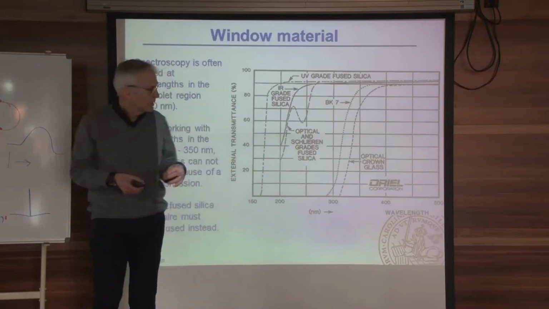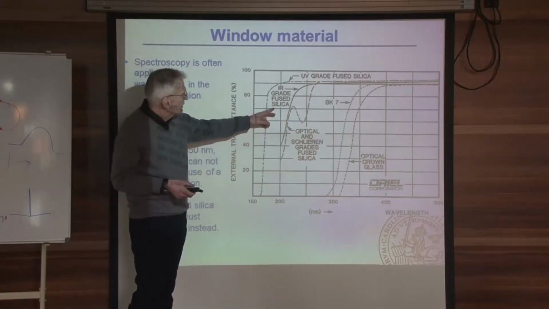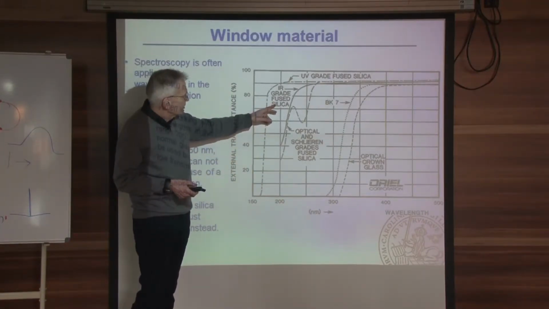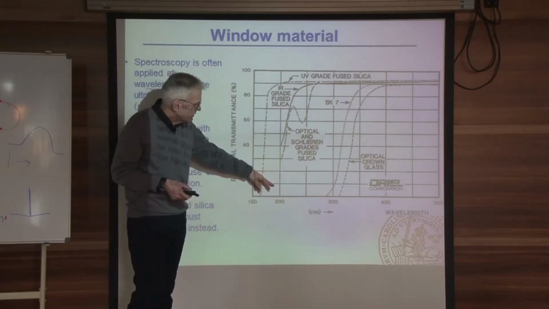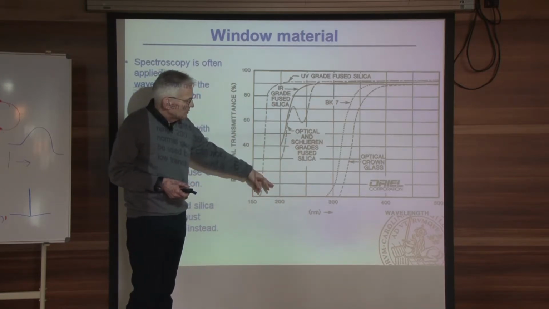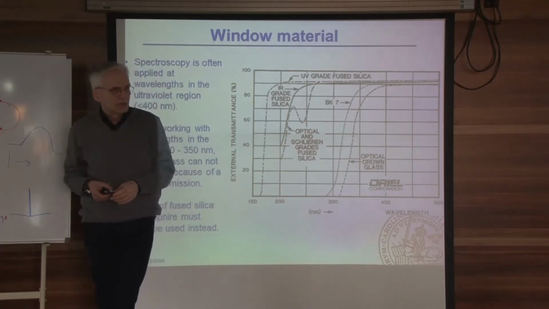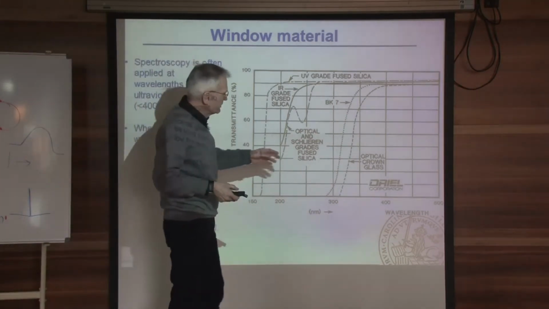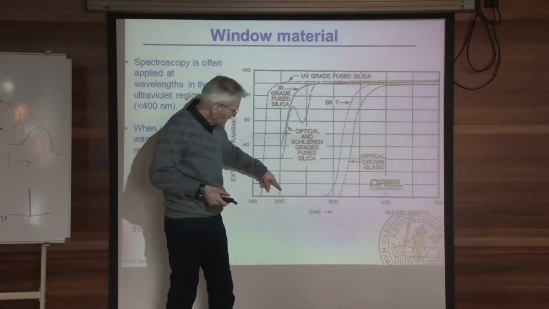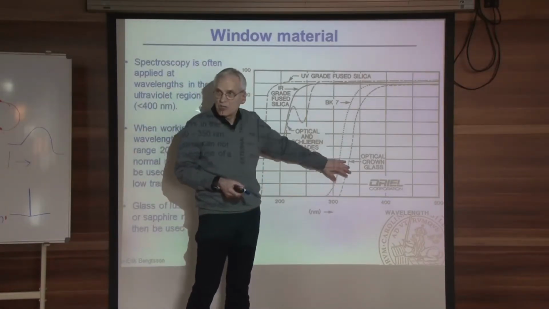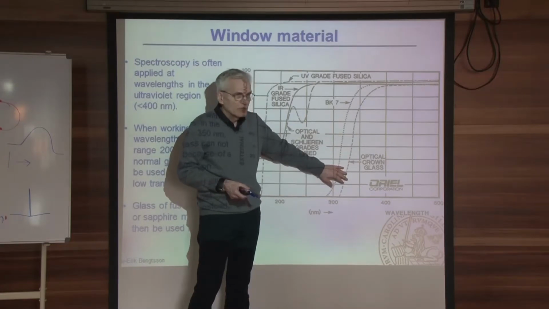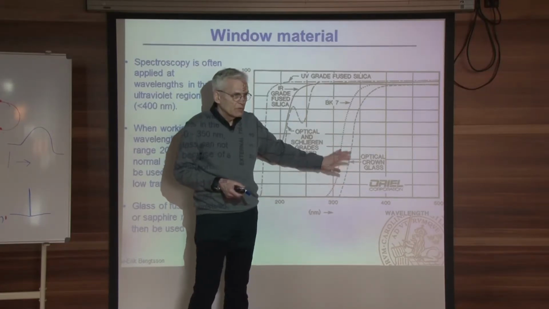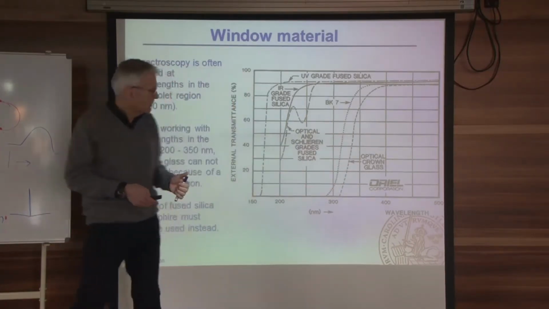And that's why we normally use quartz, high quality quartz that goes down to 200 nanometers. So if you try to do an experiment in a cell and measure, for example, NO that absorbs at 200 nanometers, you wouldn't have a chance with ordinary glass. This is something that you have to watch for.